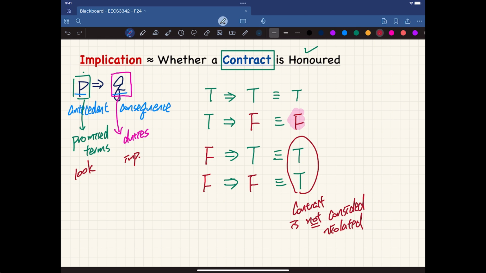All right, so that's just some informal analogy in case you forgot what a truth table is supposed to be like for implication. But now let's get a little bit more formal here. I want you to look at some cases. For example, when the antecedent is simply false, in that way, it doesn't really matter what the consequence is, and the result for the implication will just be true.